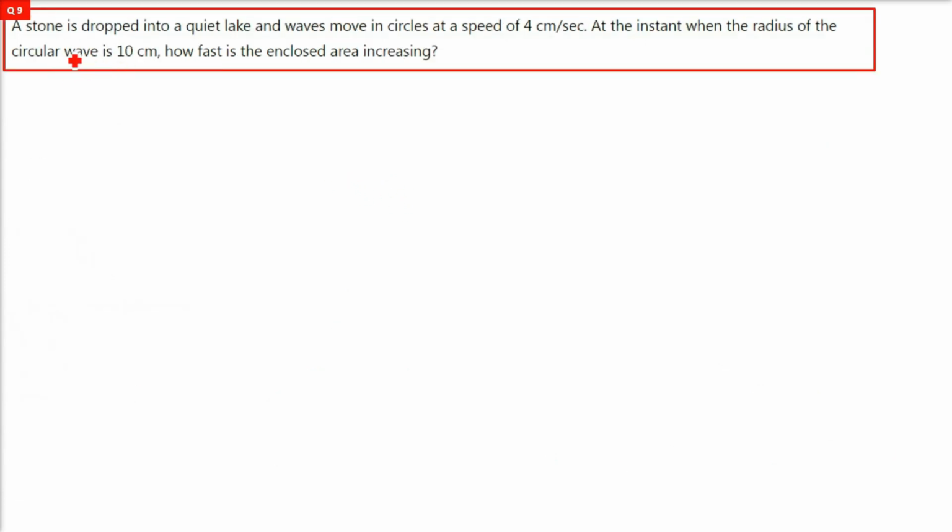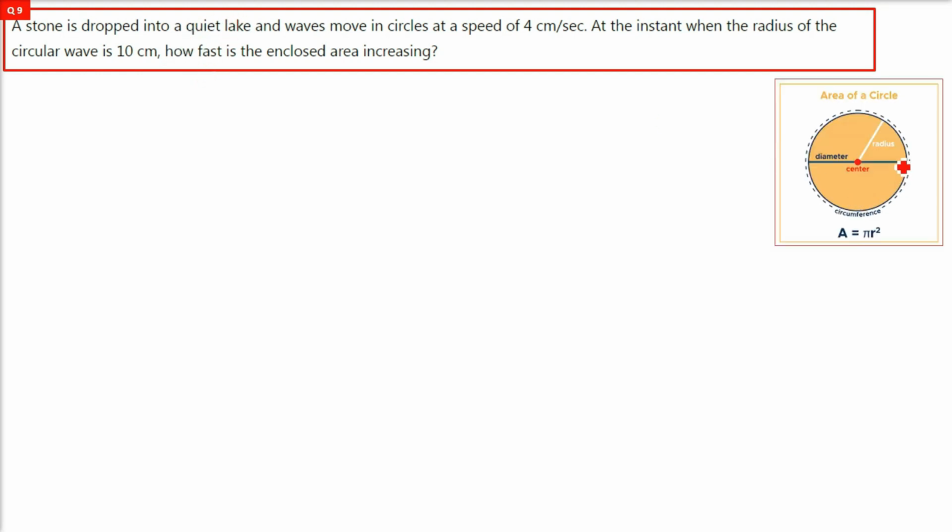A stone is dropped into a quiet lake and waves move in circles at a speed of 4 cm per second. At the instance when the radius of the circular wave is 10 cm, how fast is the enclosed area increasing? This is a circle, or this is the formation of the waves. So it's a quiet lake.